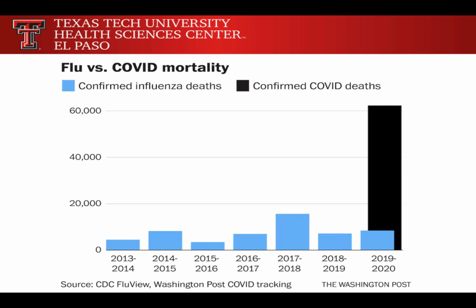At this point, already 60,000 people had died as a confirmed COVID death. Now, on the other hand, far fewer people had died of confirmed influenza. This shows us that we can't consider confirmed influenza deaths as comparable to confirmed COVID deaths.